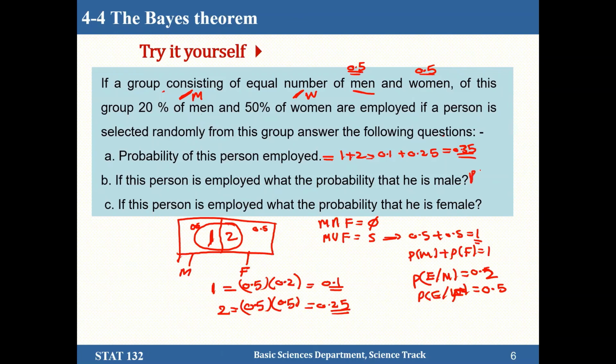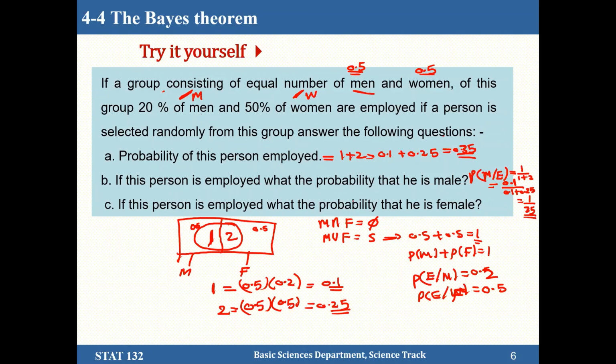This means P of male given employee equal 1 over 1 plus 2. 1 is 0.1, so 0.1 over 0.1 plus 0.25, equal 10 over 35.